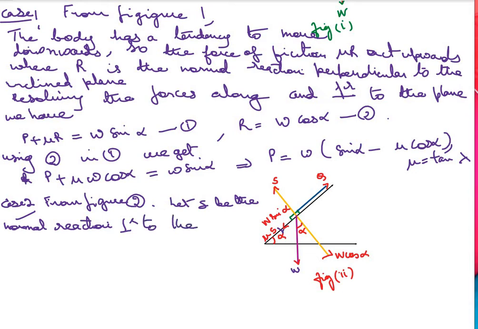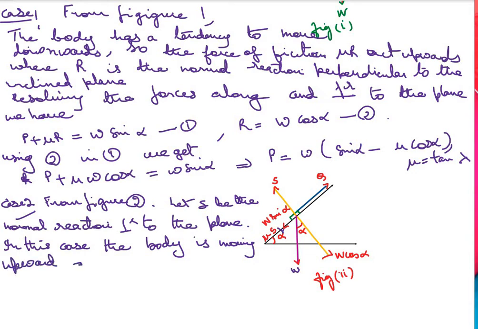Let S be the normal reaction perpendicular to the plane. The plane here is an inclined plane of inclination alpha. So in this case, the body is moving upward by applying a force Q, which is acting along the inclined plane.